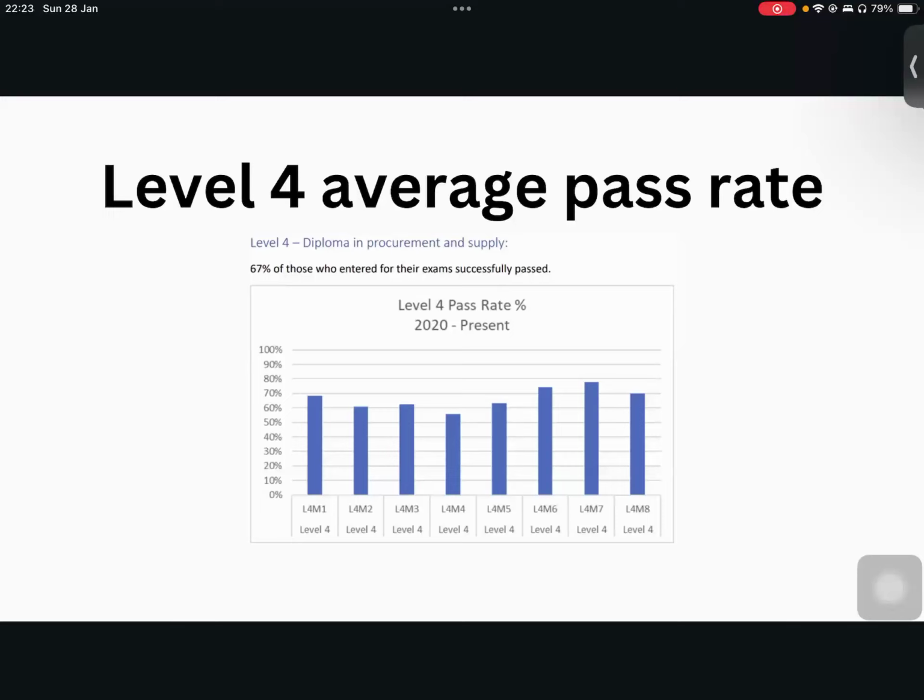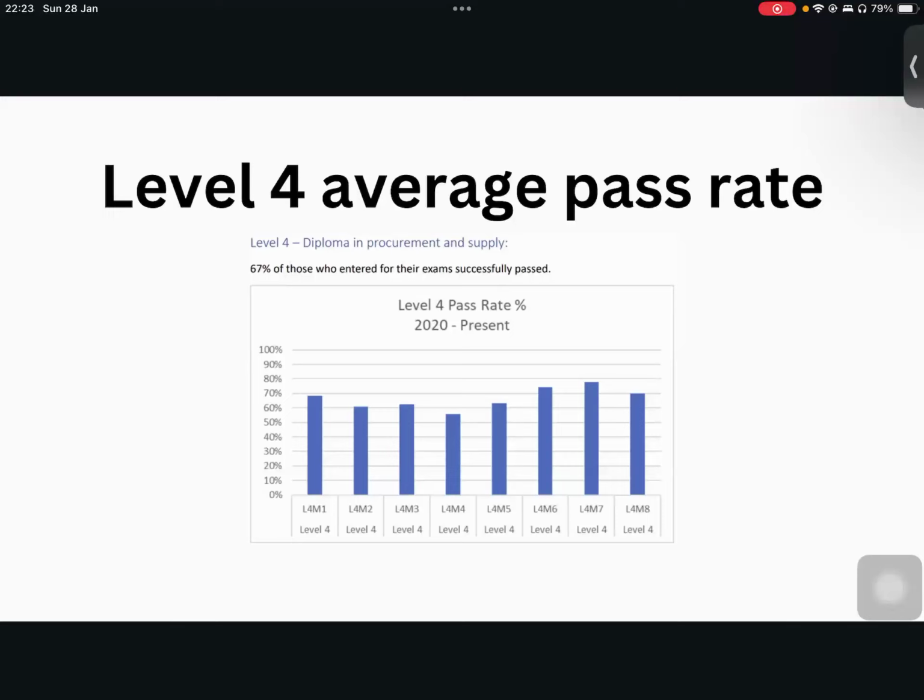Okay, 77% passed. And when you sit level 5 for the first time, I believe that you want to see something quite similar to level 4. And later on, I will give you some tips.